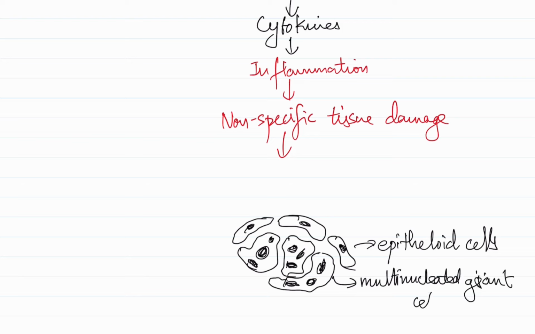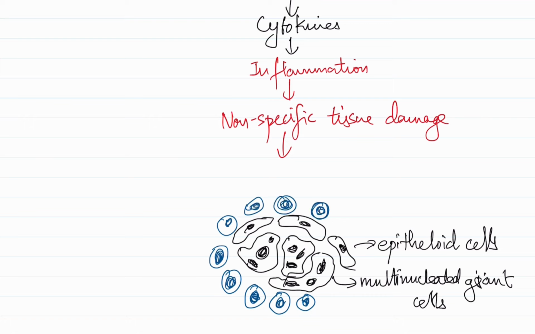And these cells will be surrounded by lymphocytes. They'll be completely surrounded by a rim of lymphocytes. As a response to the inflammation, there will be proliferation of fibroblasts, so these lymphocytes themselves will be surrounded by fibroblasts.